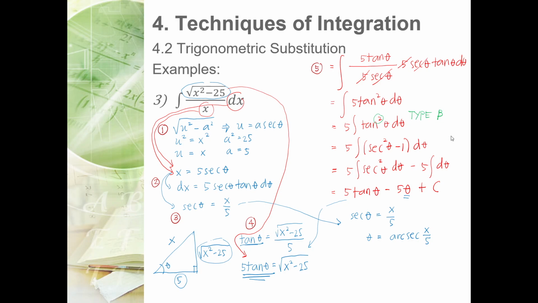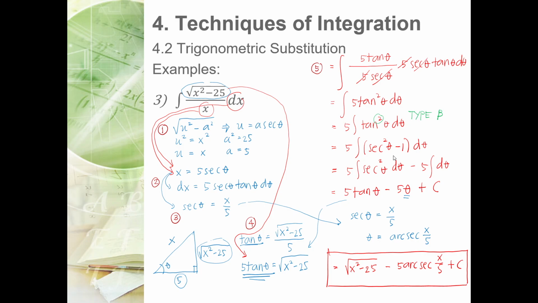So our final answer would be square root of x squared minus 25 minus 5 arc secant x over 5 plus c. So that's the final answer.